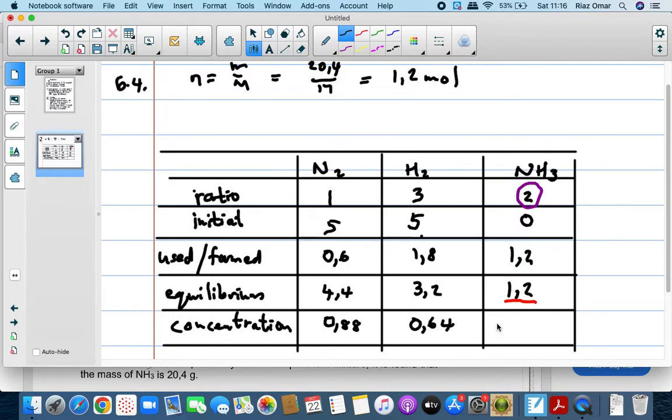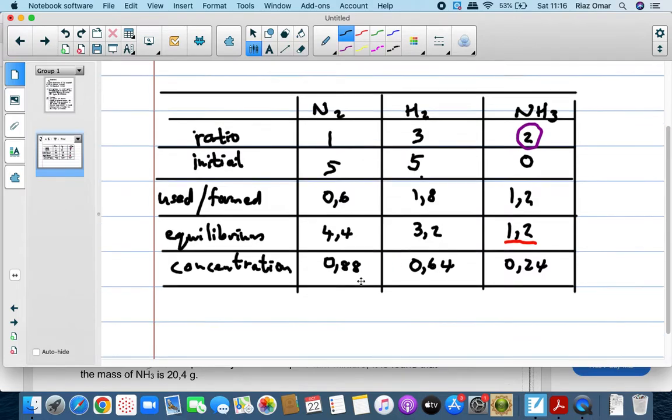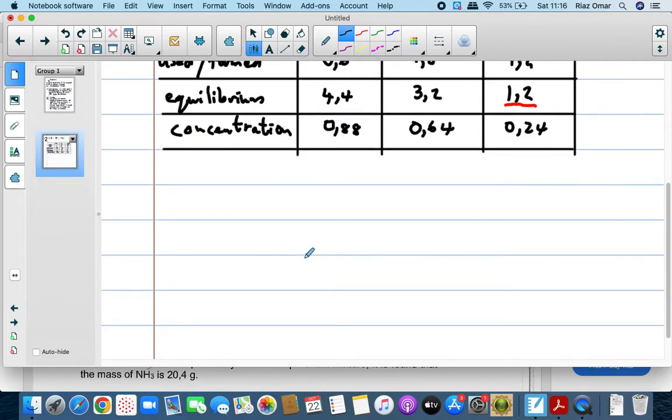And if you take 1,2 divided by 5, you get 0,24. And then if you work that all out, we've got our concentrations.